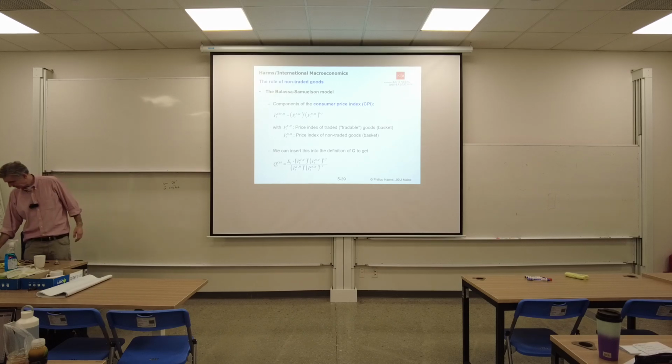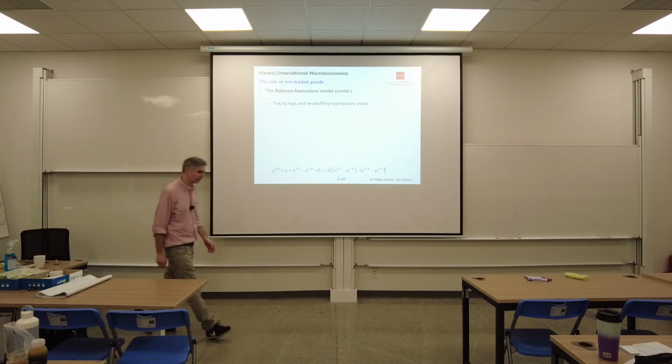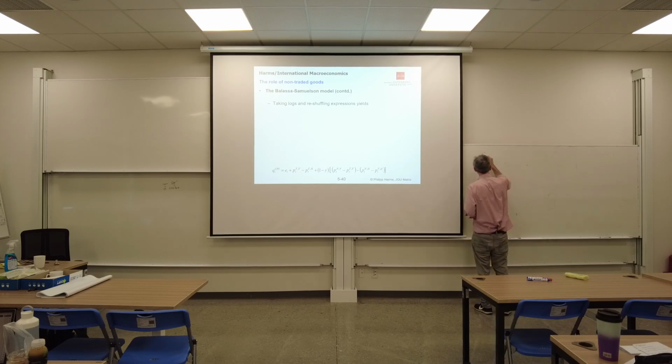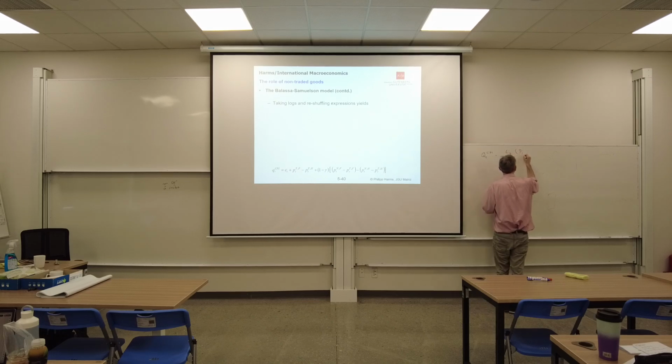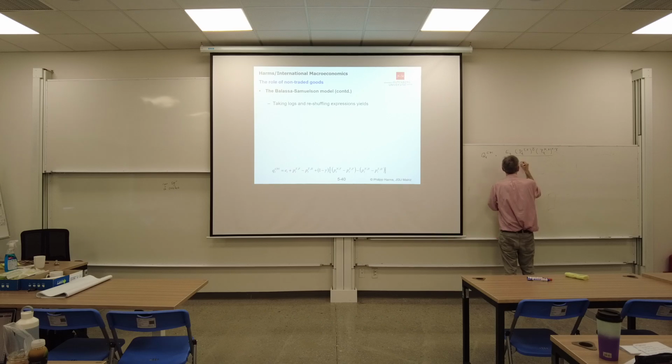Now, let's take logs and reshuffle expressions. So let's do that. Let me just copy what we had on the previous slide, which is the nominal exchange rate times the traded goods prices in the foreign country to the power of gamma times the non-traded prices in the foreign country to the power of 1 minus gamma, and we divide by the traded goods prices in the home country to the power of gamma, traded goods prices.